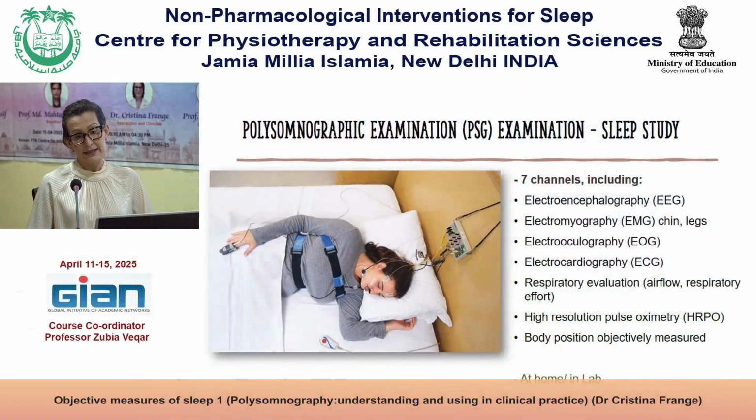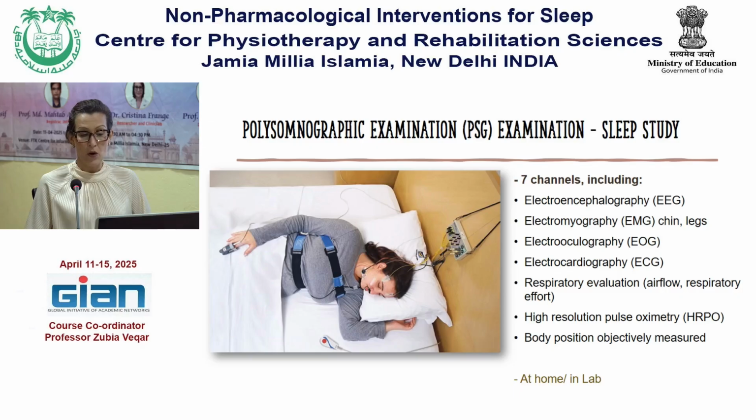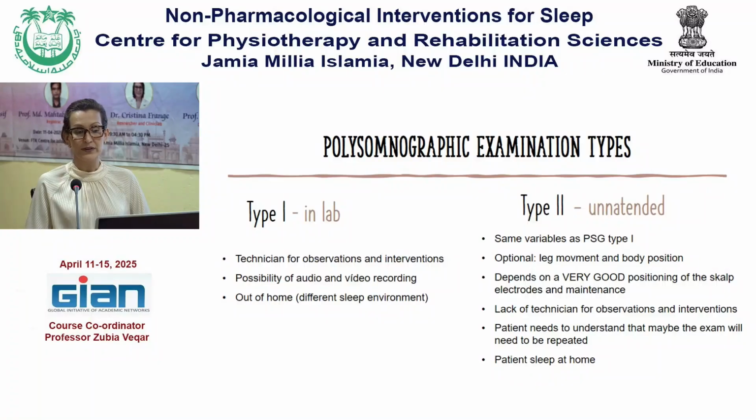So this PSG can be made in lab and at home. This is the type 2, and in lab is the type 1. We are going to see the difference between them. The type 1 is the one that is made with a technician observing you all night long.